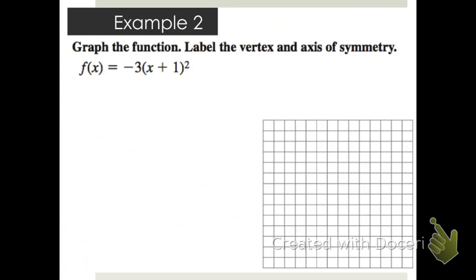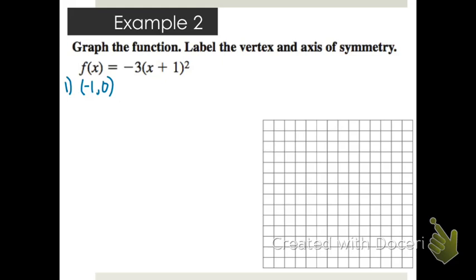So the second example, we want to graph the function and label the vertex and the axis of symmetry. So very similar process. The first thing that I want to do is identify my vertex. So step 1, my vertex is -1, 0.